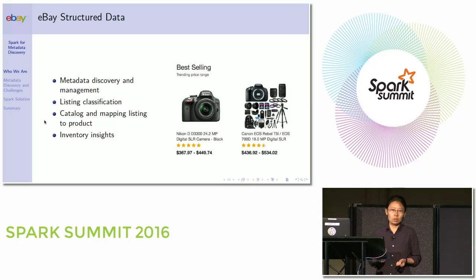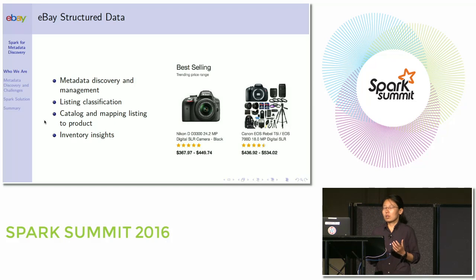The third domain is catalog. We create, collect, and also manage the catalog system, so that given a listing item, we have the algorithm to map it to the catalog. In this case, this listing item will be mapped to a certain product, and it will enable a lot of important applications, such as the fourth one, inventory insights.